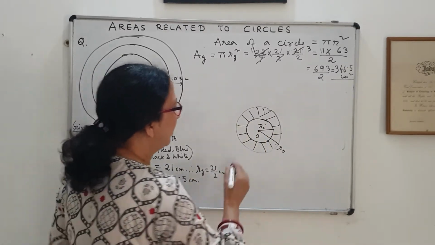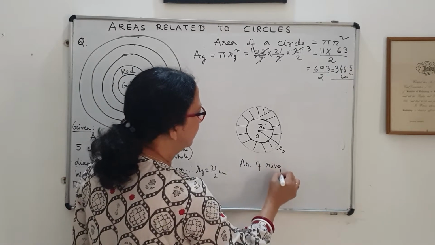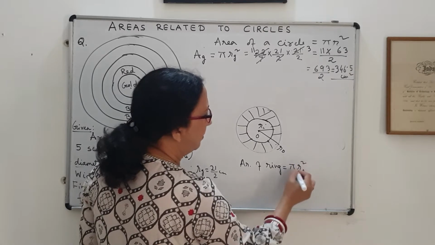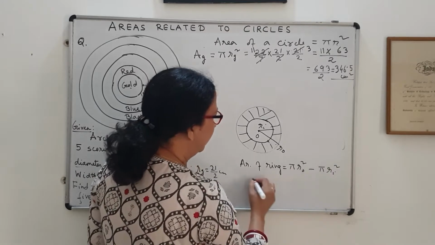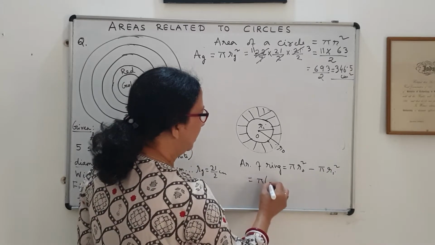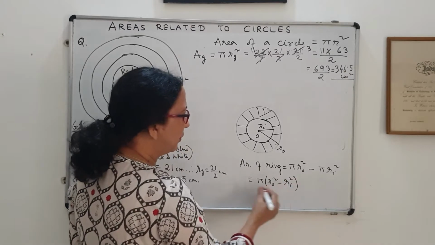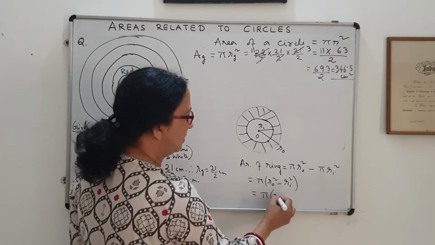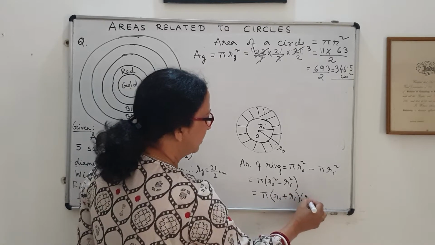So how do you get the area of the ring? Area of the ring is outer circle area pi Ro square minus inner circle area pi Ri square. Then I take pi common, Ro square minus Ri square, and after that I apply the identity a square minus b square is a plus b into a minus b.